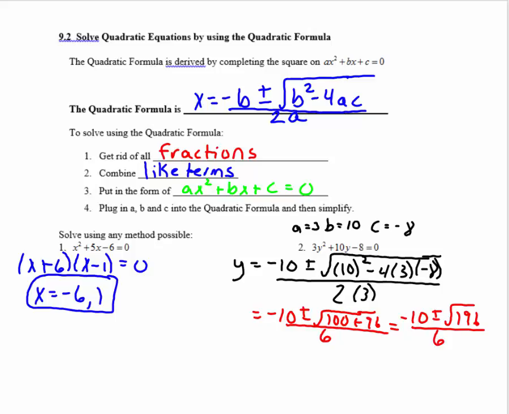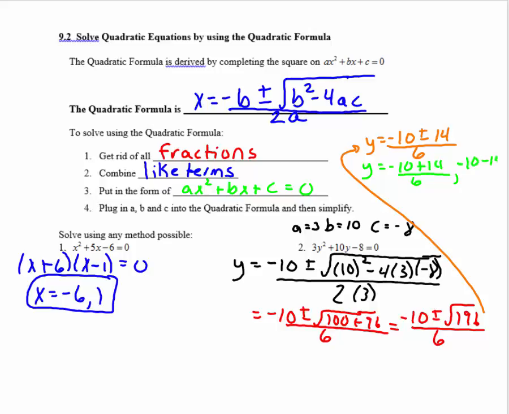Well, there is a nice square root of 196, it's 14. So this is going to turn into y equaling negative 10 plus or minus 14 all over 6. We can't stop there. Because our radical completely disappeared, we should be able to go into two different answers. When we take negative 10 and add 14 and divide by 6, and the other answer is when we take negative 10 and subtract 14 and divide by 6.